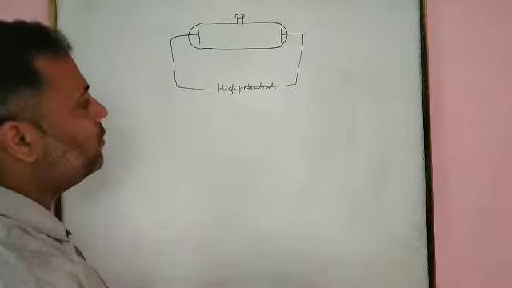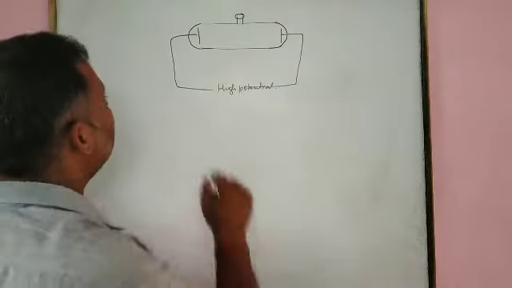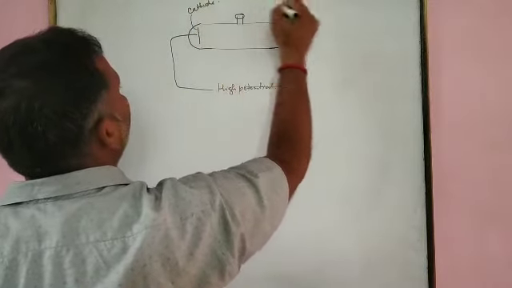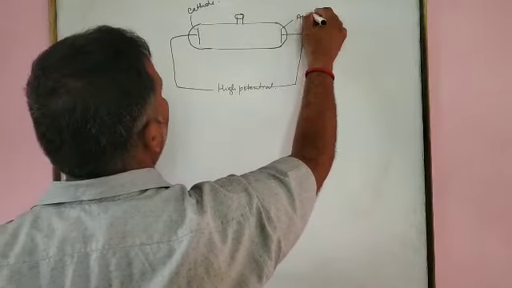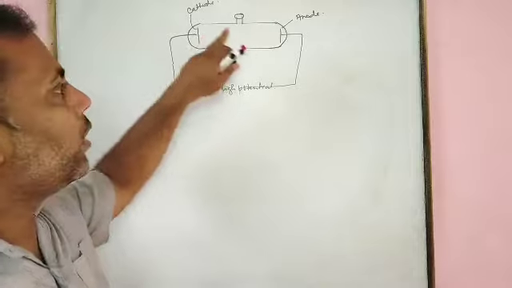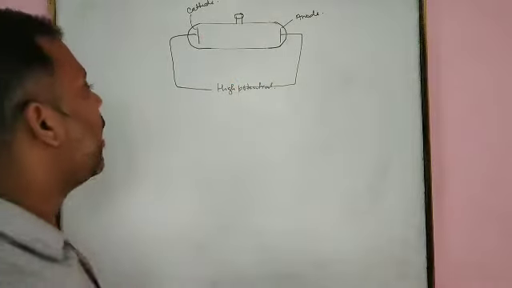On application of high potential, what is happening? If this one is cathode and this one is anode, earlier we were observing the cathode ray. Now we will discuss the anode ray.